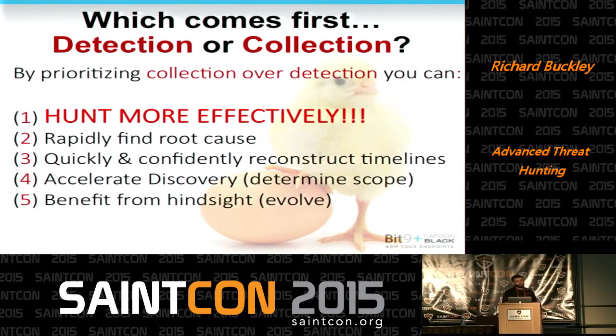Typically though, in the past, when it comes to threat hunting, people focus mainly on detection, right? Carbon Black is a bit different, and really it's because the whole mind state should be changed to collection rather than just simply detection. By prioritizing collection over detection, you do a lot more stuff faster, right? You can hunt more effectively, you can find root cause very quickly, which is the most important part in my opinion.